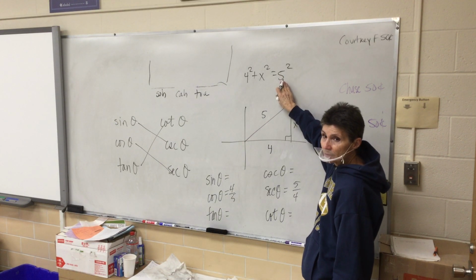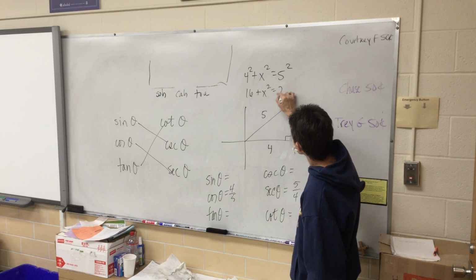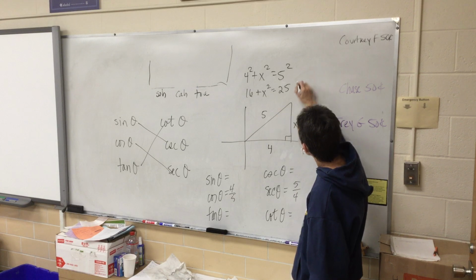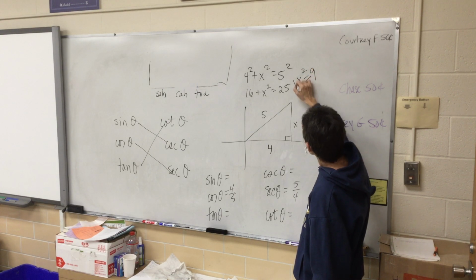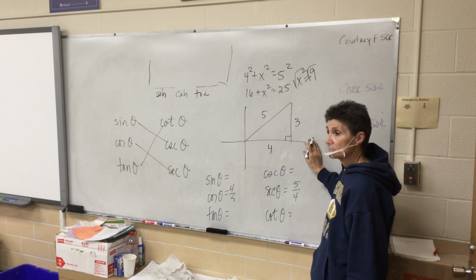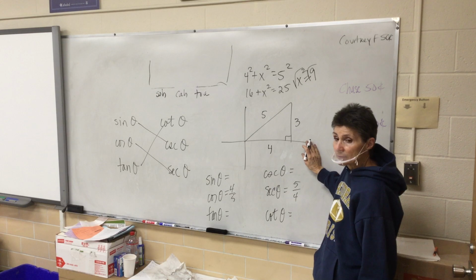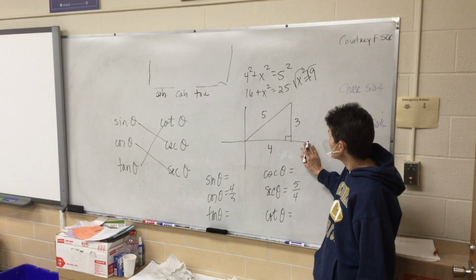It's always over here. So 16 plus x squared equals 25. X squared equals 9. So the missing side is 3. Is that what you got? Yep. A lot of times we get radicals, but that one worked out nice.